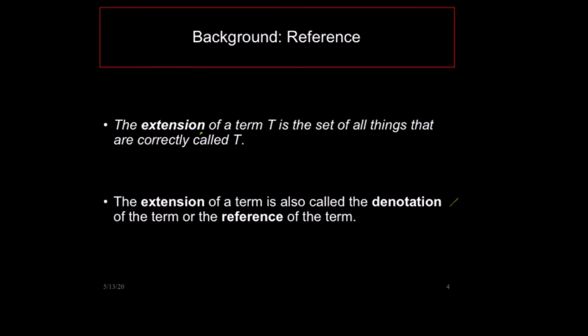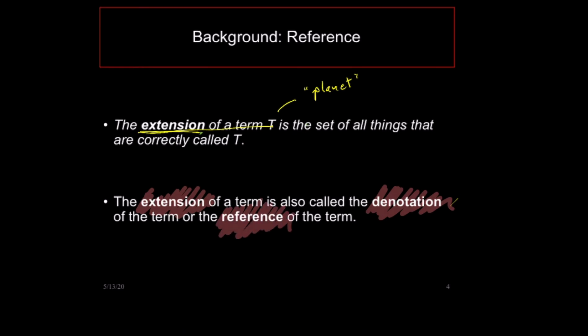We say that the extension of a term T is the set of all things that are correctly called T. Again, the term that we were looking at was the term planet, and so the extension of the term planet, in our case, would be the set of all planets. The extension of a term is also called the denotation or the reference of the term.